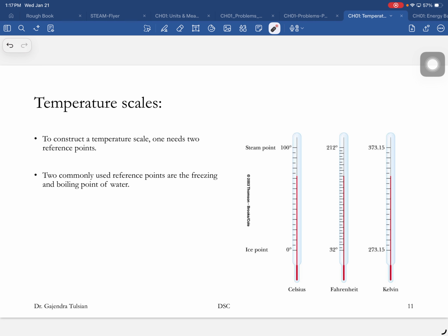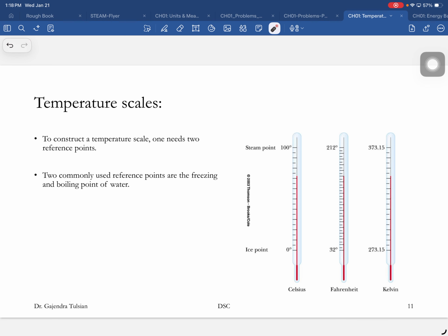If you wanted to come up with a new scale that is 10 times finer, what would you do? You could make the ice point 0 still and make the steam point 1,000. There you go. You can do anything you want.